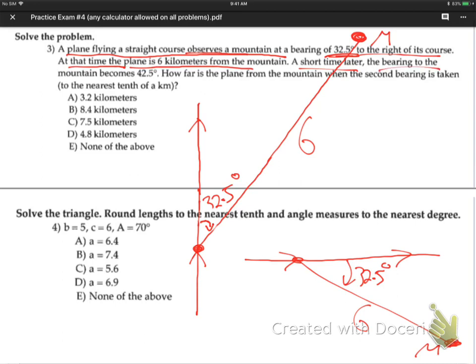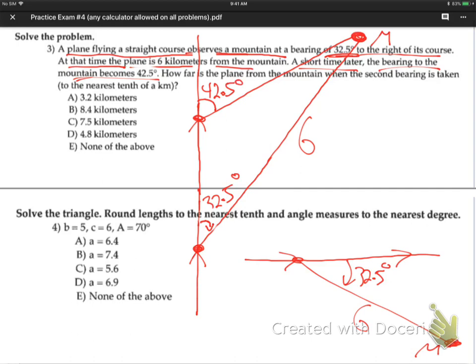Short time later, the bearing to the mountain becomes 42.5. He makes another sighting. He looks over and calculates the bearing again. Let's say right here. Now the bearing, where do I do the bearing? Right here. The angle becomes bigger, 42.5. Does that make sense?